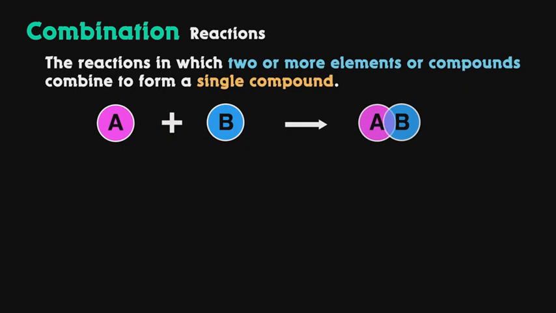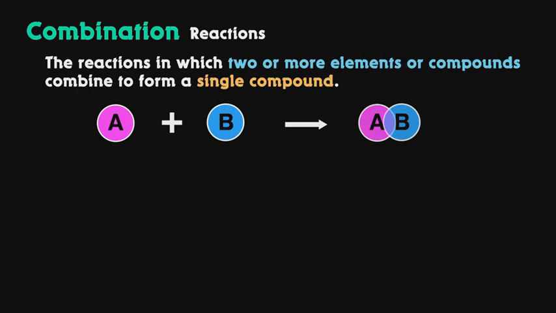Here you can say in these types of reactions we get a single product out of many. This is one more important point that you have to consider. This is the combination reaction.